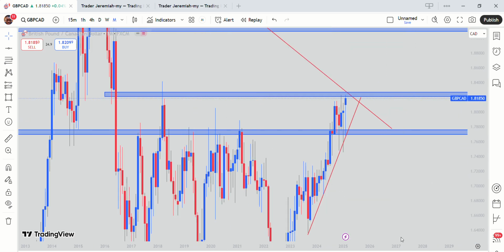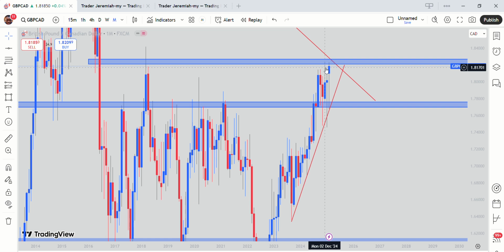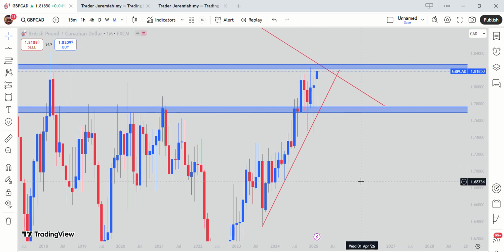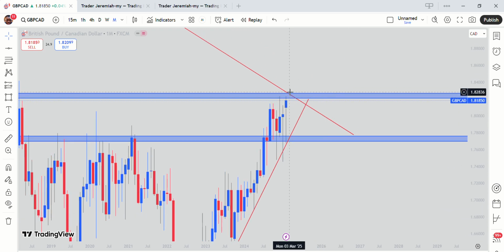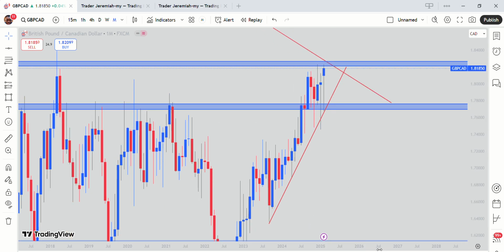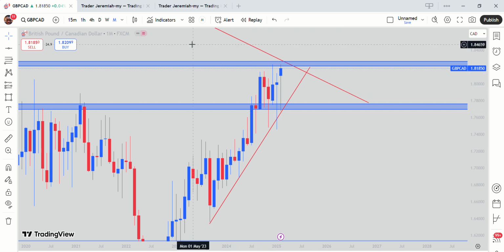If price touches this trend line for the third touch and also this resistance level, price will come back down, then break this weekly trend line so that the weekly trend and the daily trend will align with the monthly trend.